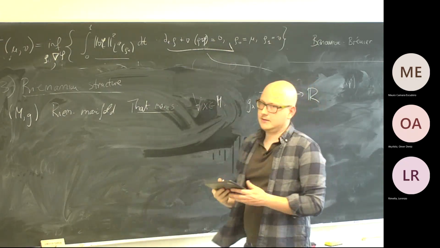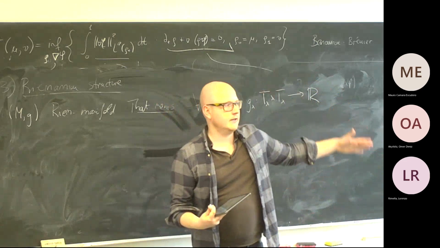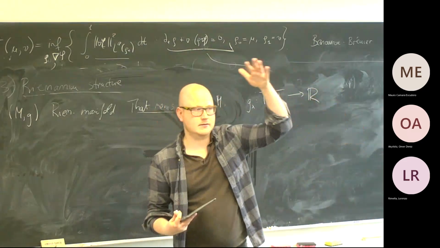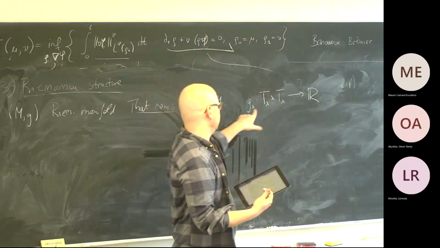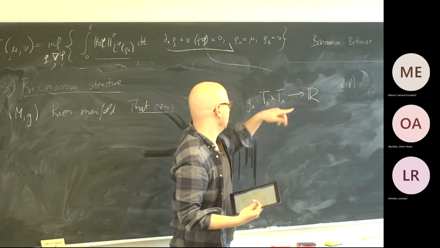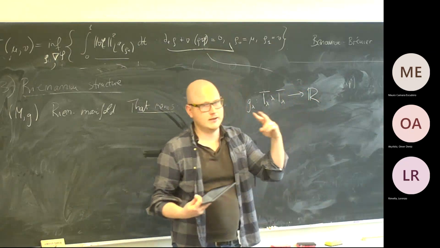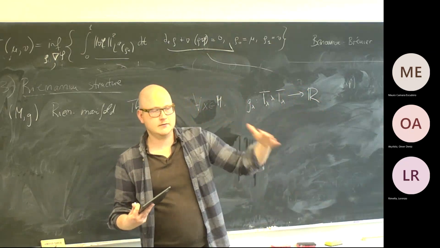So you should think, okay, it's like a sphere. The tangent space is a plane that touches the sphere, and we want to measure angles and lengths of vectors in this plane.